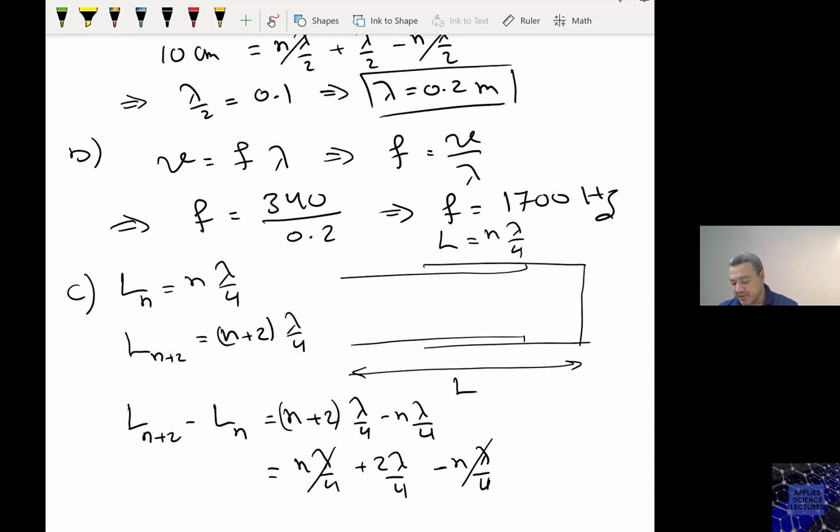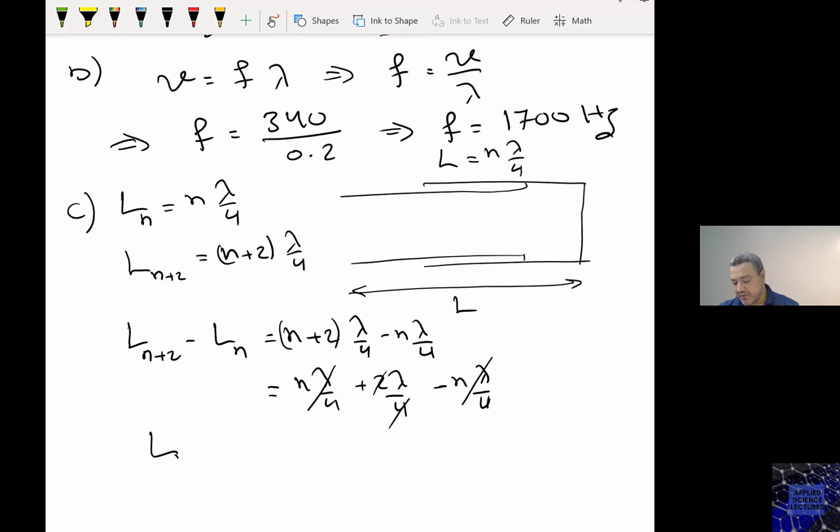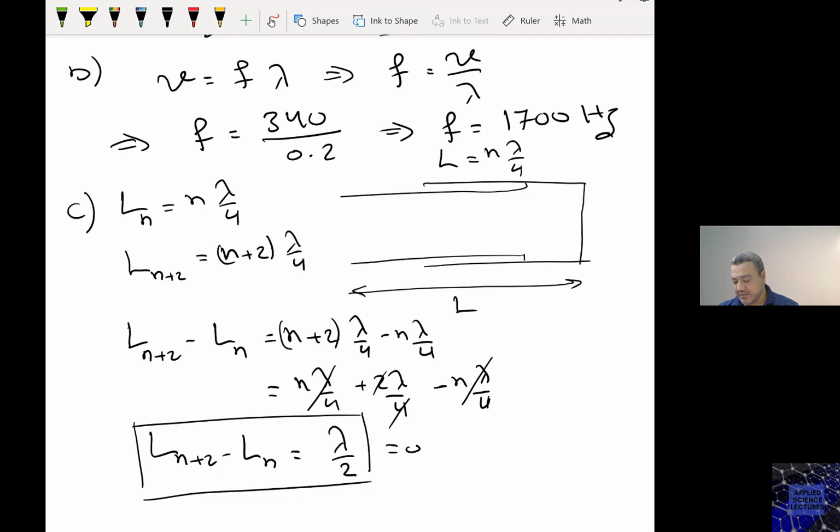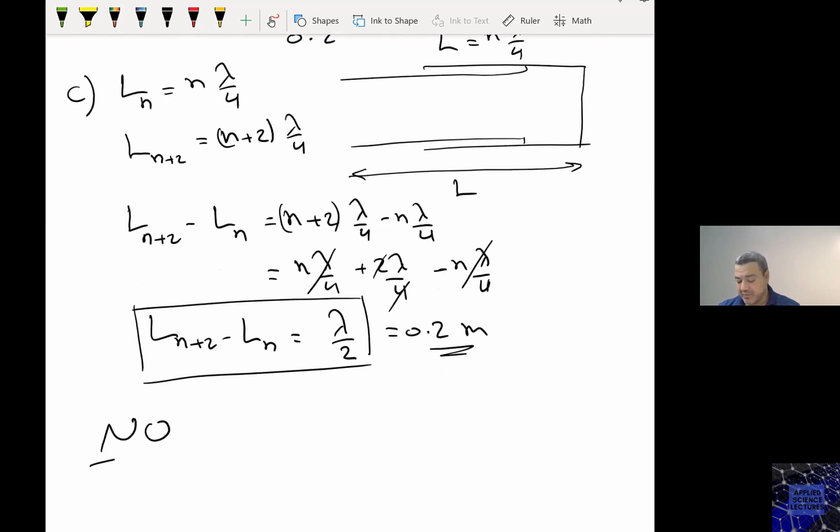Then this will cancel, and this minus Ln will still give me lambda over 2, which is the same as the open. So the answer is no. There's no change. I will be getting the resonance frequencies at the same difference in the length.